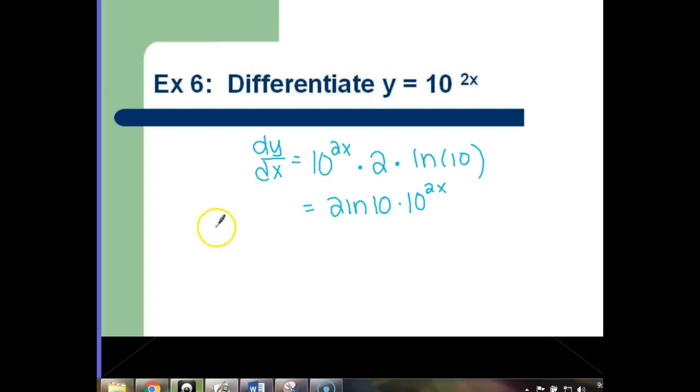It would be log base 10 of y equals 2x, and then you'd have to do 1 over ln 10 times 1 over y times dy dx.